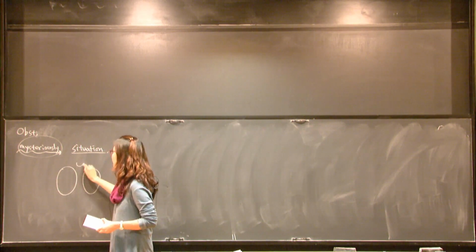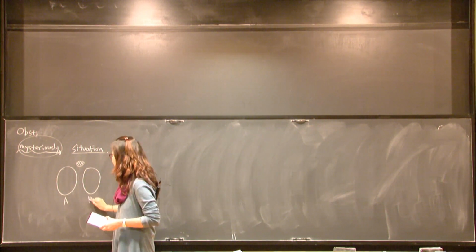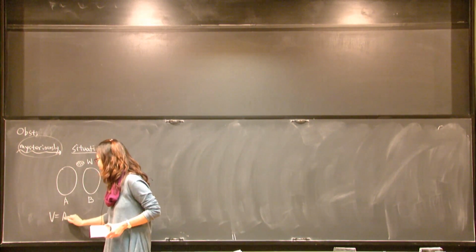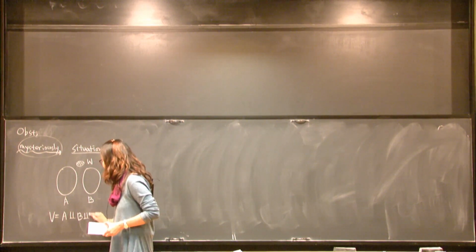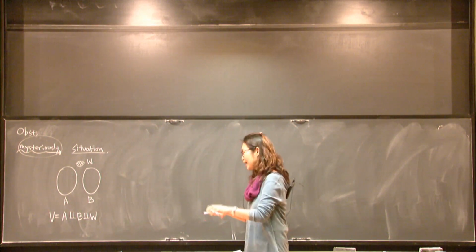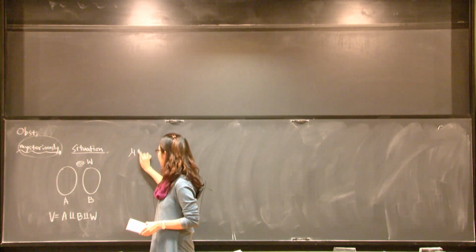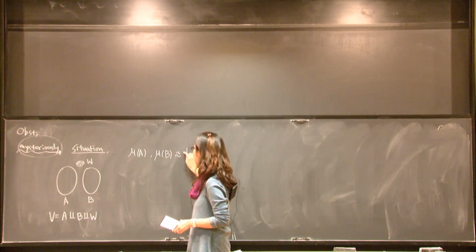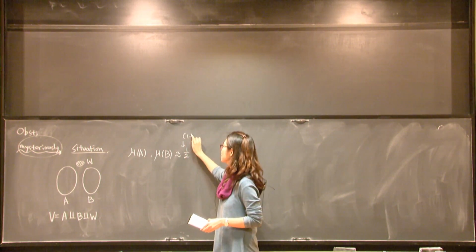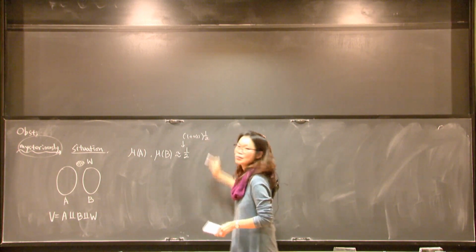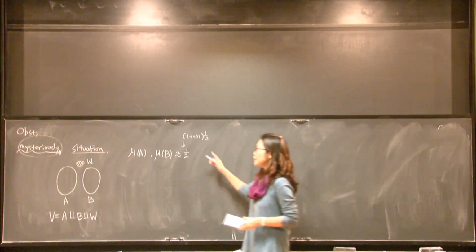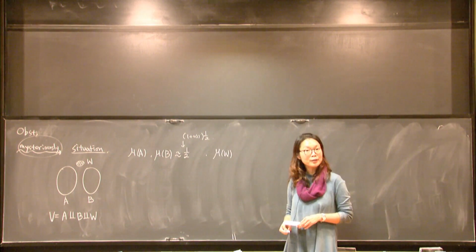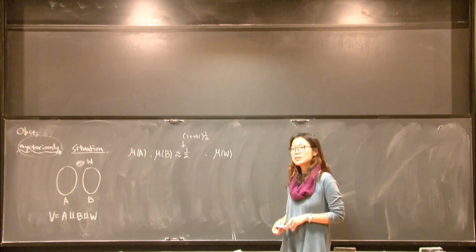Let me draw out the familiar picture: A, B, and W. So V is partitioned into A, B, and W. And our situation was, first, mu of A and mu of B are close to a half.